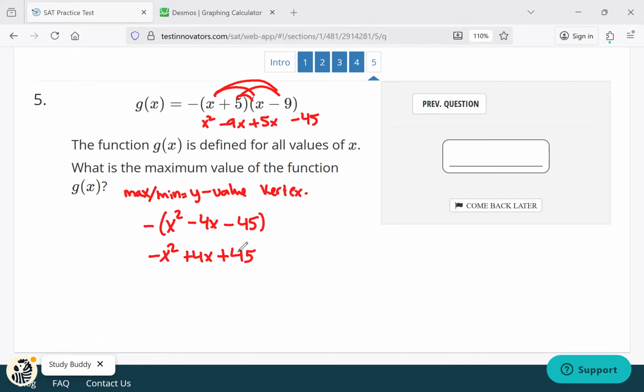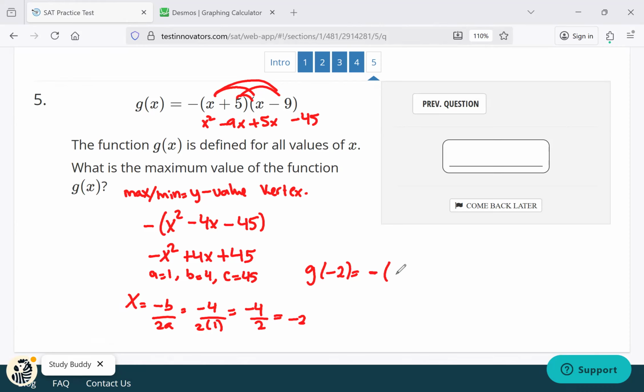Now, to find the x value of the vertex, you use opposite b over 2a. So my a is 1, my b is 4, and my c is 45. So opposite b is negative 4 over 2 times 1, which is negative 4 over 2, which is negative 2. Now to find the y value, you plug in negative 2 back into this function.